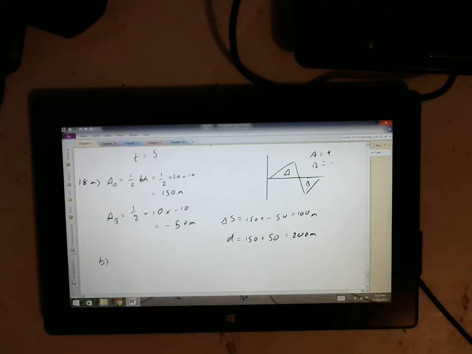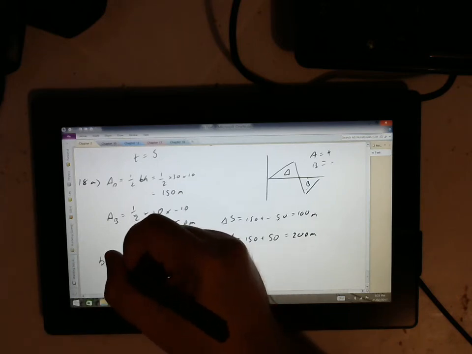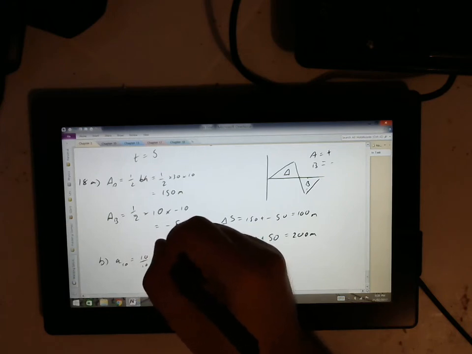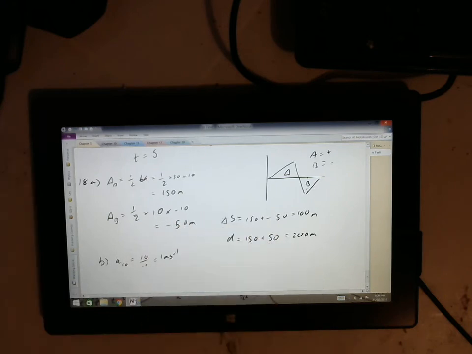Okay, calculate the acceleration at these points in time. So 10 seconds, we can see it's somewhere on that line, and we can see at that point it has gone from 0 to 10 in a time of 10 seconds, so that should be a acceleration at 10 will equal 10 over 10 should equal 1 meters per second.